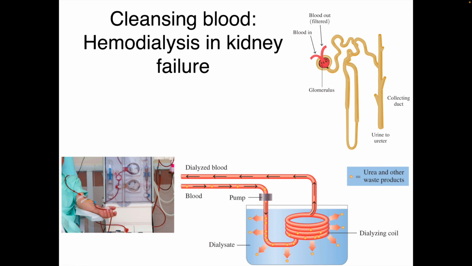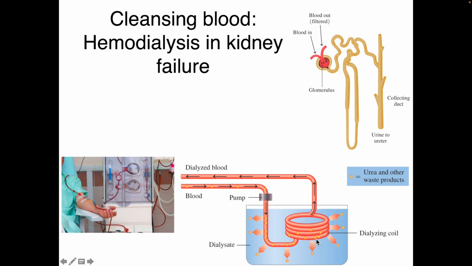Okay? Now, if your kidneys aren't working, then you would have to undergo what is known as hemodialysis, where you are connected up to a machine that does the job of your kidneys. So this machine will pump out blood. Again, in your blood, you have these waste products that your body needs to get rid of, and then that blood will go through this coil, which is submerged in a dialysate, or basically a solution that has low concentrations of your waste.